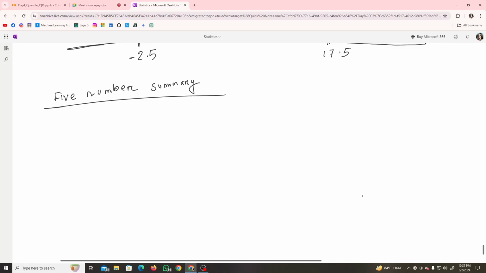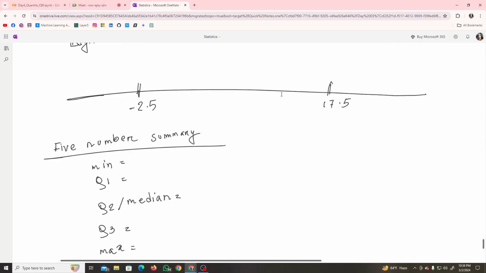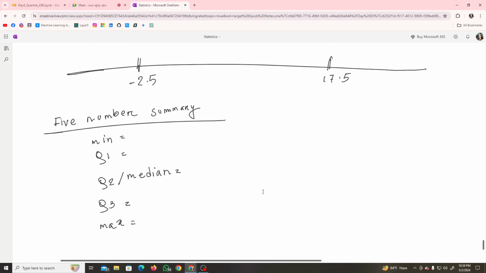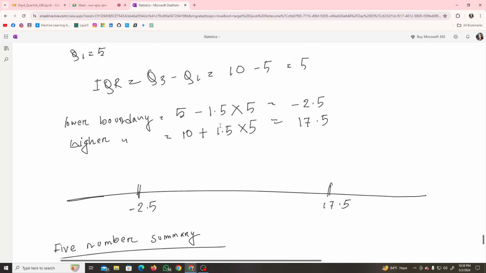In the 5-number summary, you have to find your minimum, your Q1, your Q2, which is also known as the median, your Q3, and lastly the maximum value, not in your dataset but within this range. Firstly, let's find the minimum value.